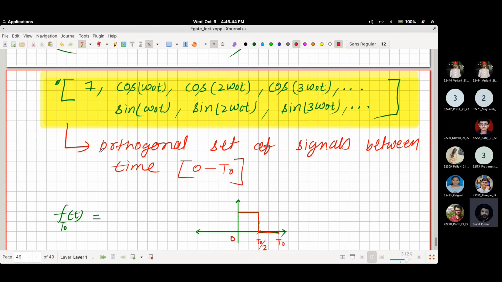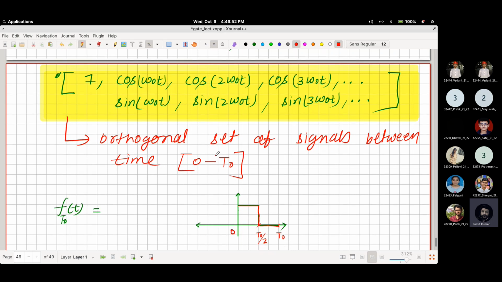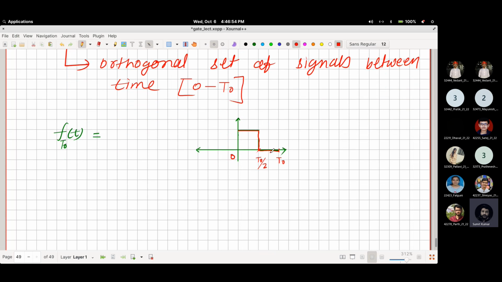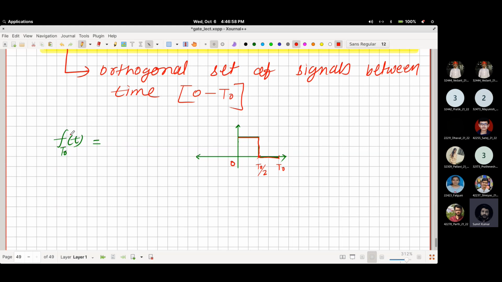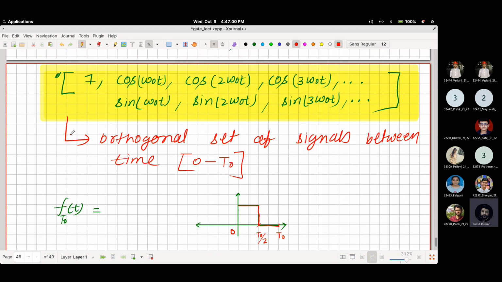So we have this orthogonal set of signals, or vectors, between time 0 to t naught, and we have a signal which is defined between time 0 to t naught. So can we represent this f_t0 in terms of these functions?